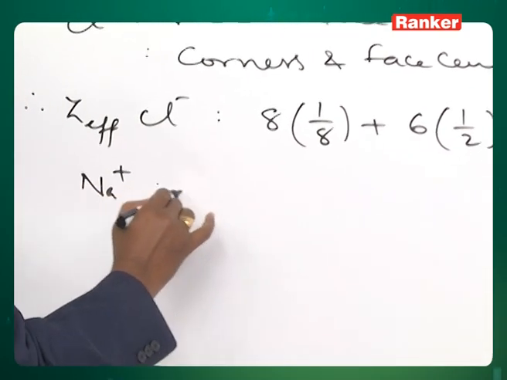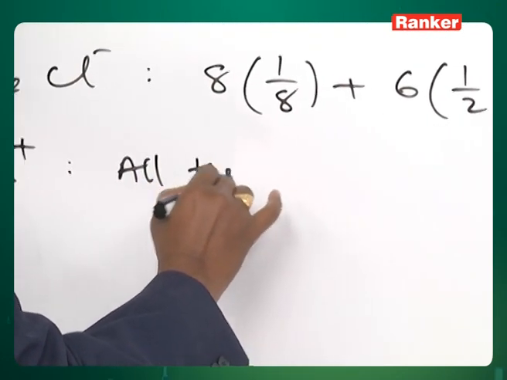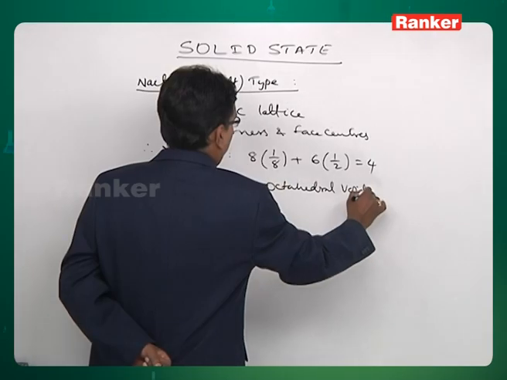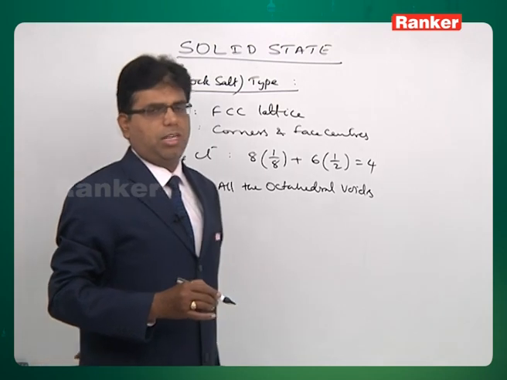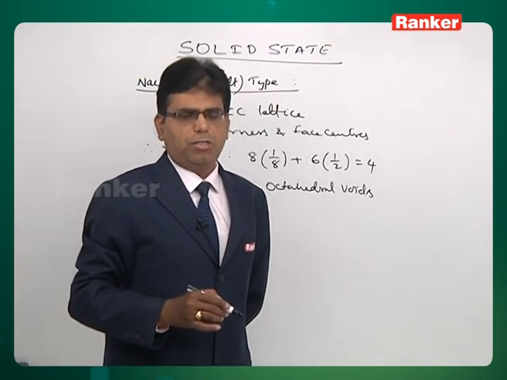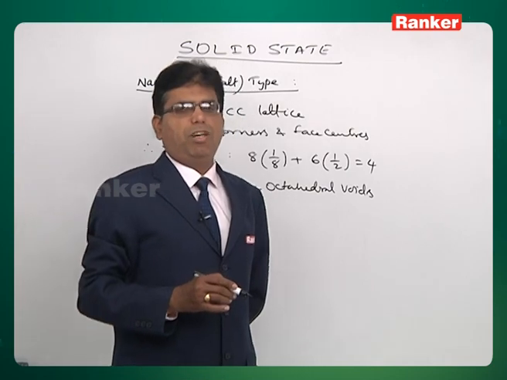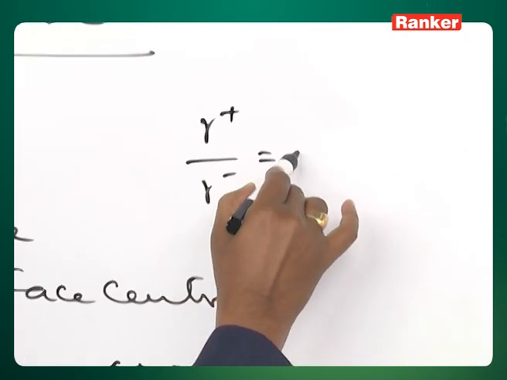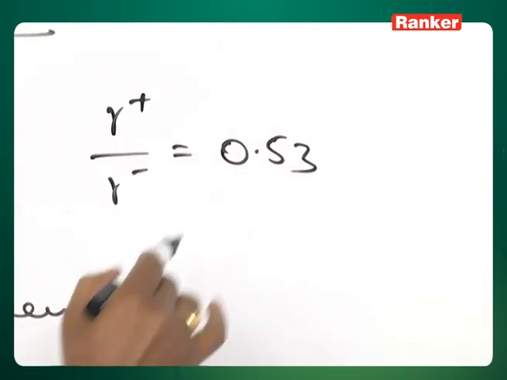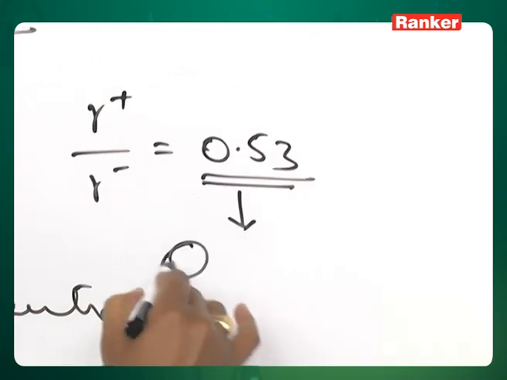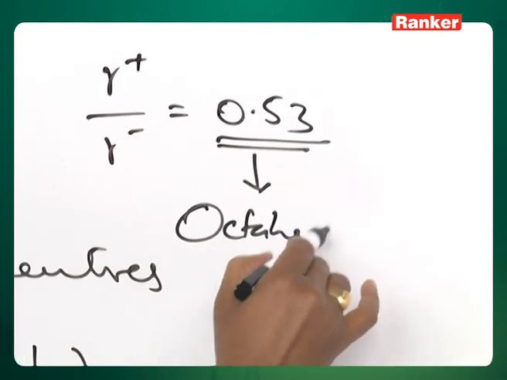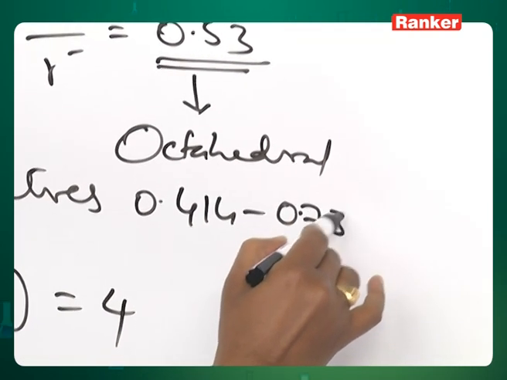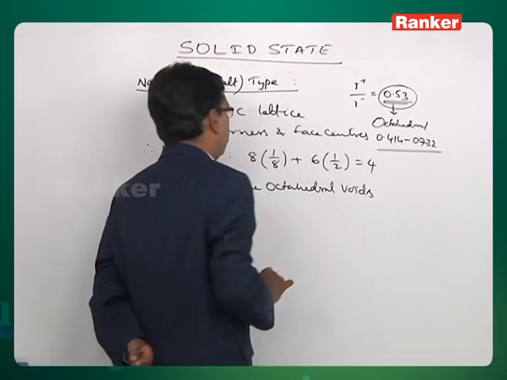Now, coming to sodium ions. Sodium ions occupy all the octahedral voids, because the size of sodium ion to chloride ion ratio, radius ratio, R plus by R minus is about 0.53. So, 0.53 indicates that this is octahedral void, because octahedral void is 0.414 to 0.732. This is in this range.